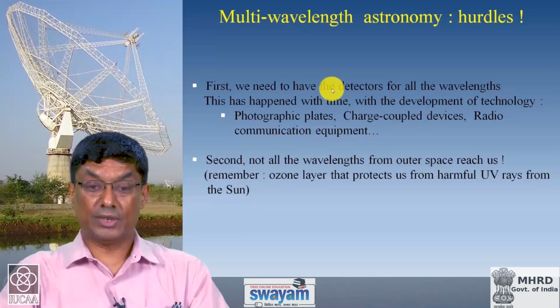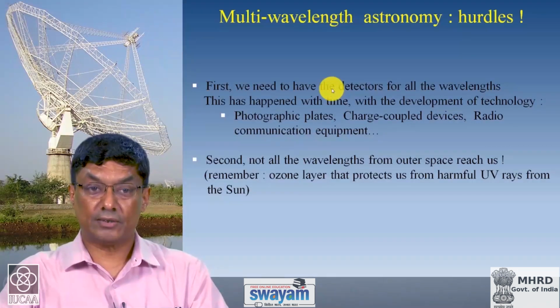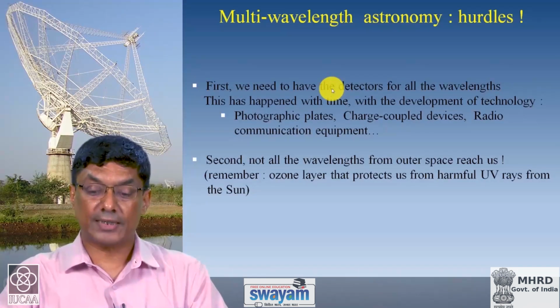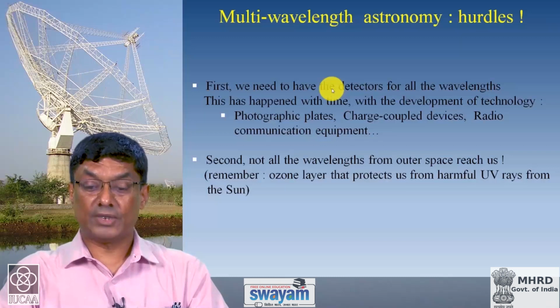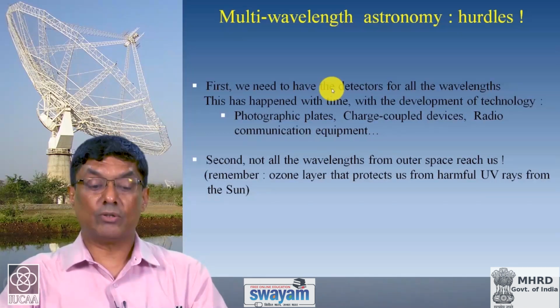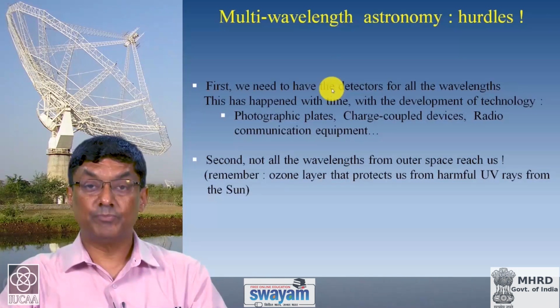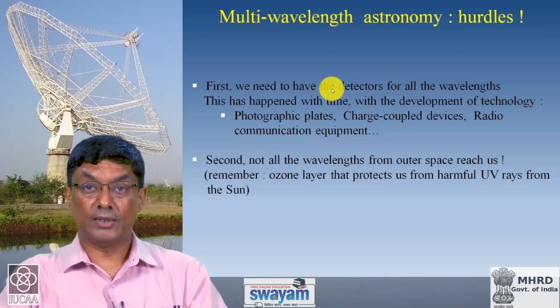The first, as we would have noticed when you started with optical astronomy, is that you need the detectors. Our eyes have the natural detectors for detecting optical wavelengths, but you do not have natural detectors for detecting other wavelengths. And so, therefore, this had to wait for technology to develop with time, whereby detectors for different wavelengths could be discovered, built, and then utilized.